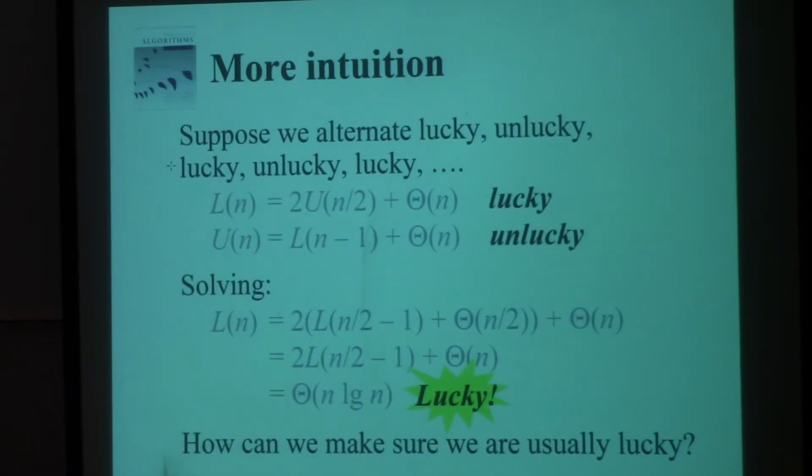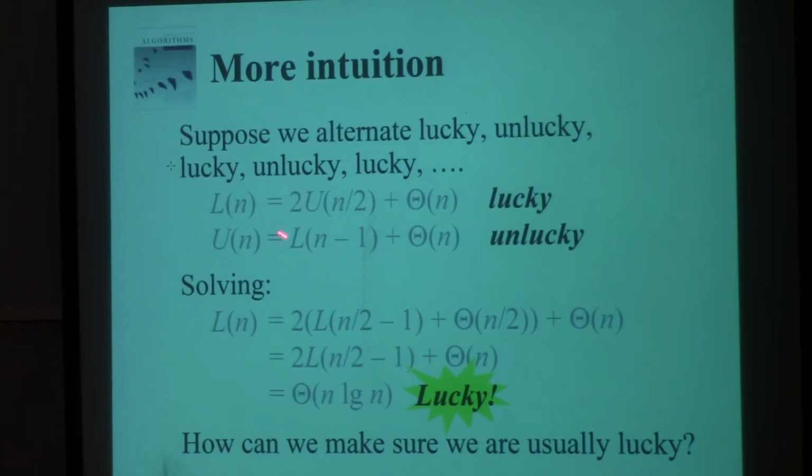What if we are lucky and unlucky? Lucky means we have exactly 2 cuts in half, the pivot is right in the middle, plus partitioning. If you're unlucky, you're going to have exactly 1 cost of L of n minus 1. We don't even show the L of 0 because we know it's going to be 0.